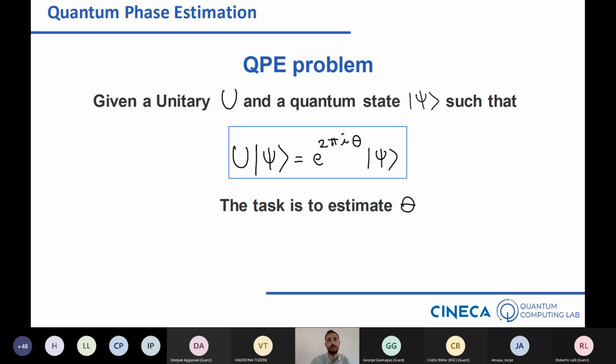This is a problem that is very much related to quantum computation. It doesn't look like something you could use in a real application, because the objective is, given your unitary operator and your quantum state, to estimate the theta that appears in your eigenvalue. This is the task of this problem. Later we will see how to use it in a real-world case.